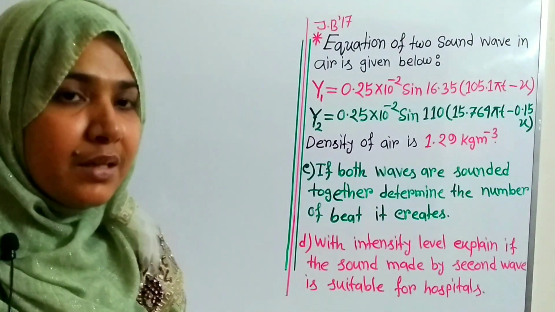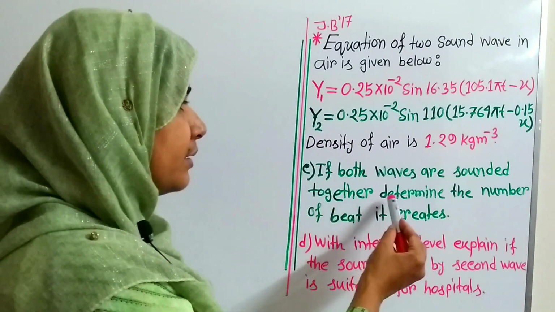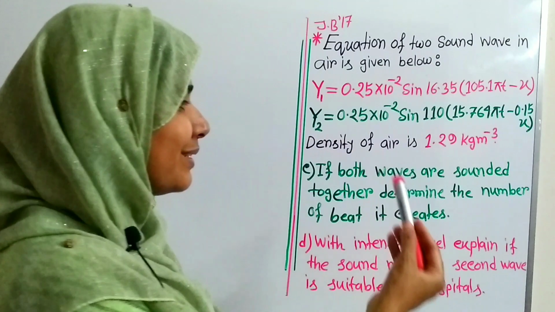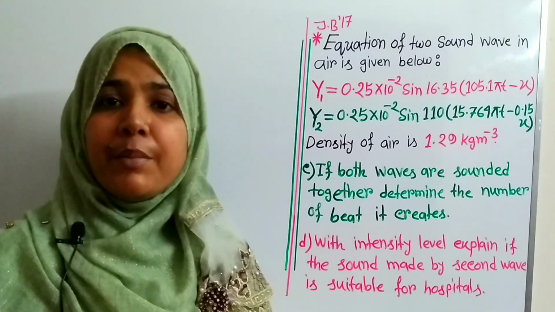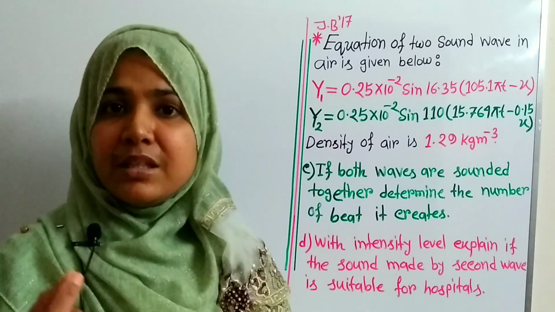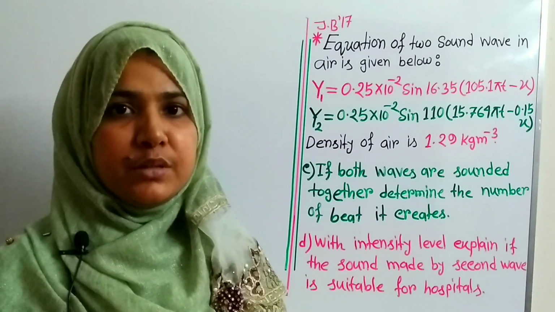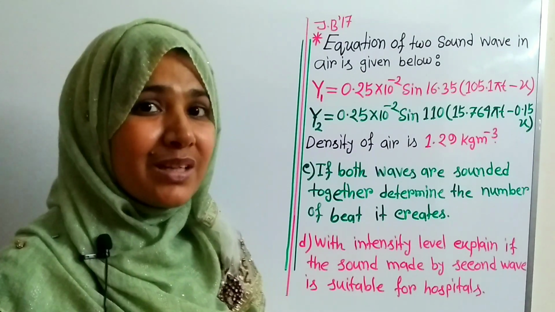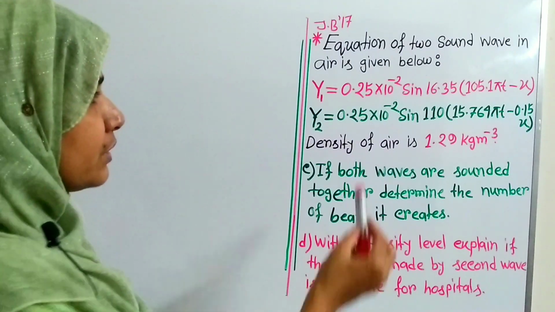Now question C is, if both waves are sounded together, determine the number of beats it creates. So you know that the number of beats means the difference of frequency of two sound waves having same amplitude. From the equation you can see that in both equations the amplitude is same.